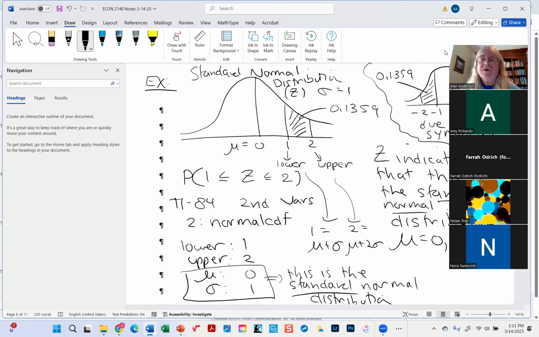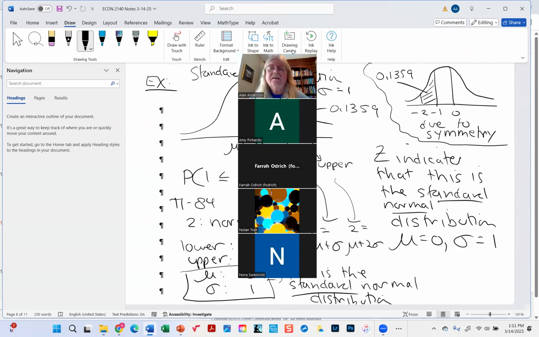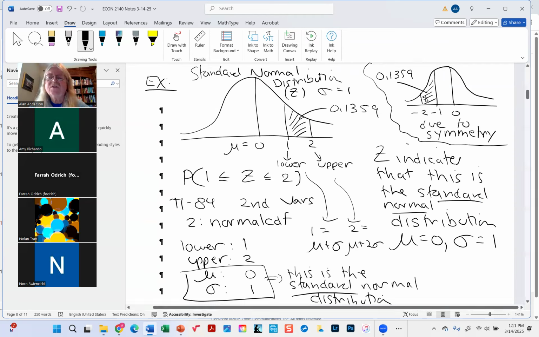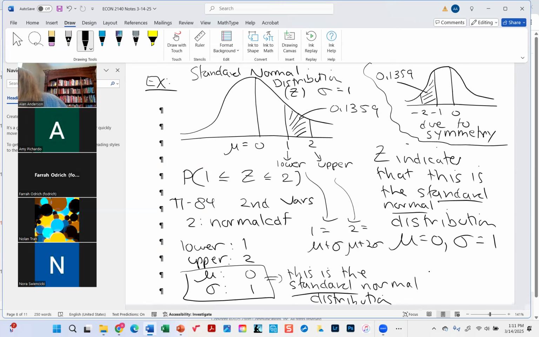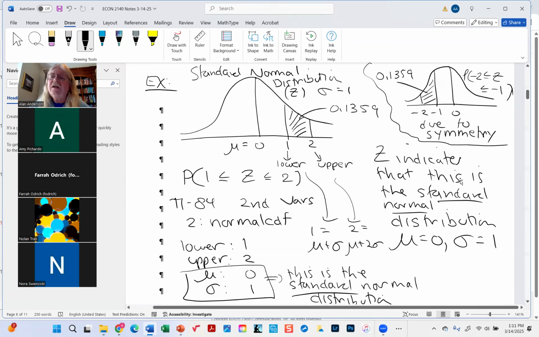Now, I would like to point out to you, though, that because of the symmetry of the distribution, if you look in the upper right-hand corner, suppose I asked you now to calculate the probability that Z is between -2 and -1. Well, you can go through the normal procedure to calculate that, but if you recognize that these two shaded regions must be the same, you don't need to bother because you'll end up with 0.1359.